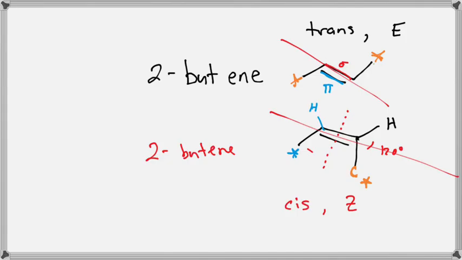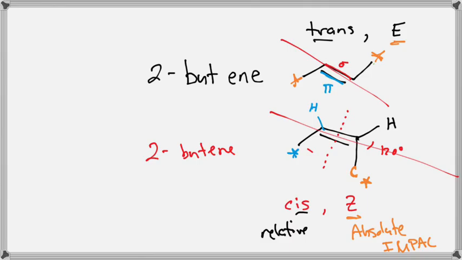No. So calling this cis-butene or cis-2-butene technically isn't correct because I'm not using a proper nomenclature system. So cis and trans are really these relative terms. Z and E, for lack of a better word, we could call absolute, or we could call IUPAC.